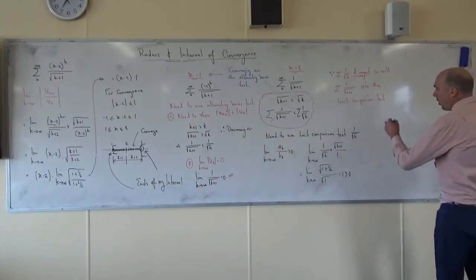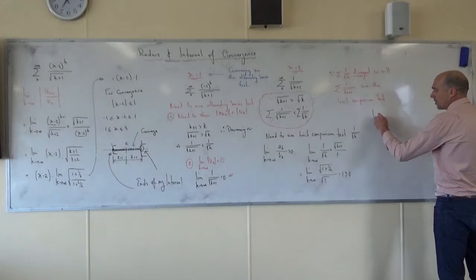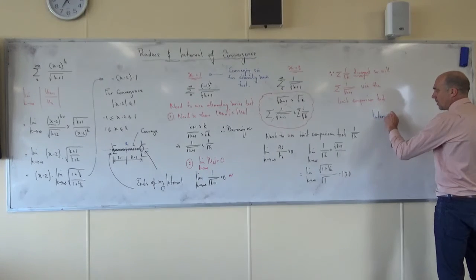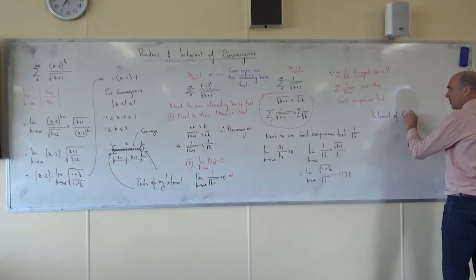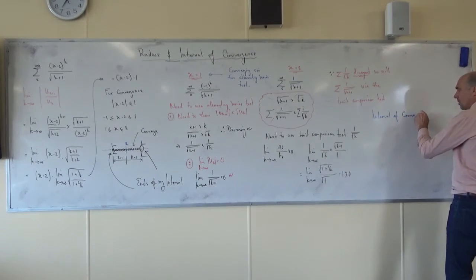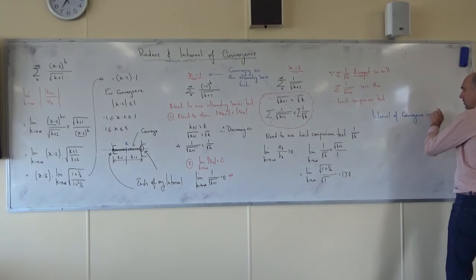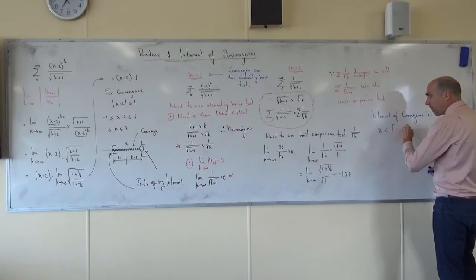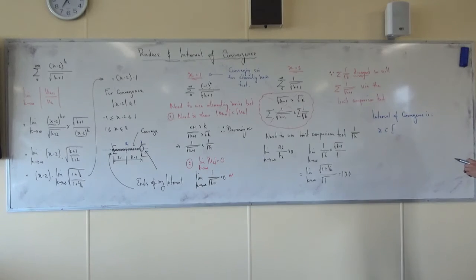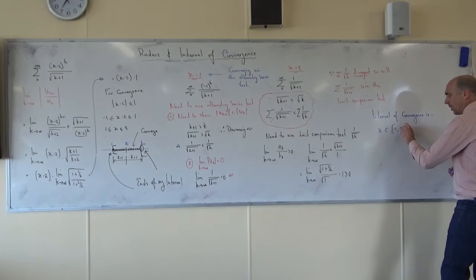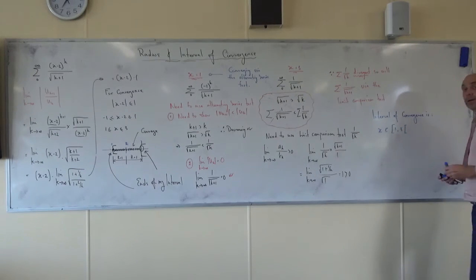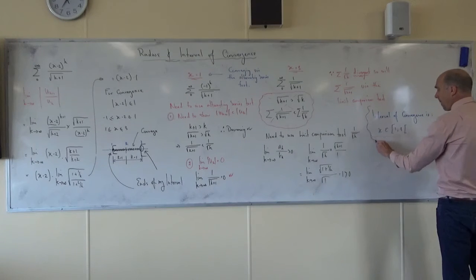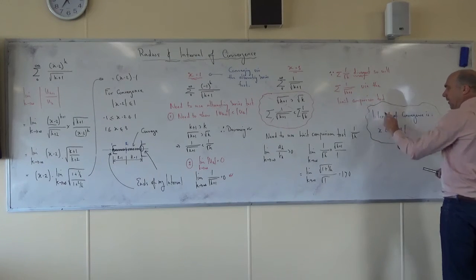So my interval of convergence is, what do we say? x is an element of, let's include 1, but let's not include 3. And that's that problem finished. Quite a big problem, isn't it? And that's what we're searching for in all of that.